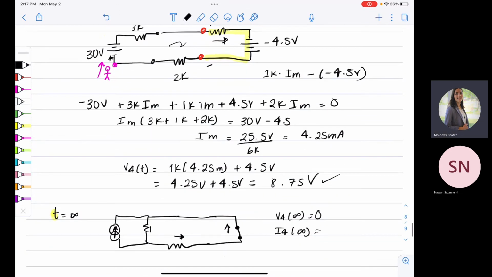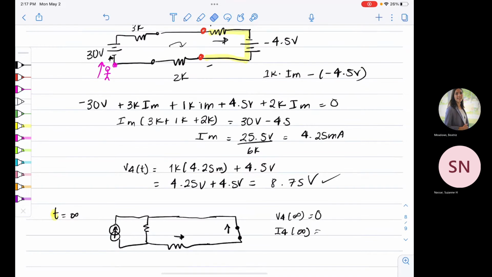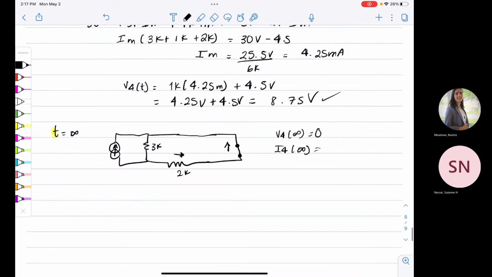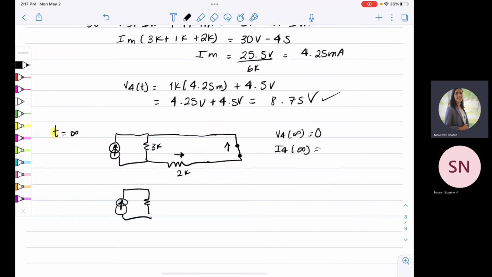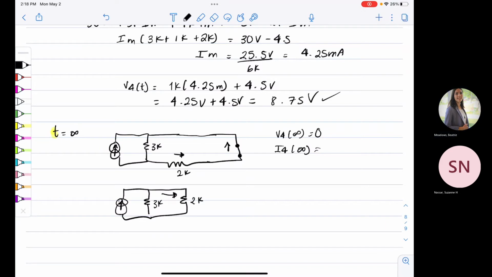So let me, and my values are 3K. So a way that will help me see this circuit better, or this network, will be like this. And how do we find what the current going through here is? Right, current divider, right? So the current is simply, and the value of this guy is 10 milli.